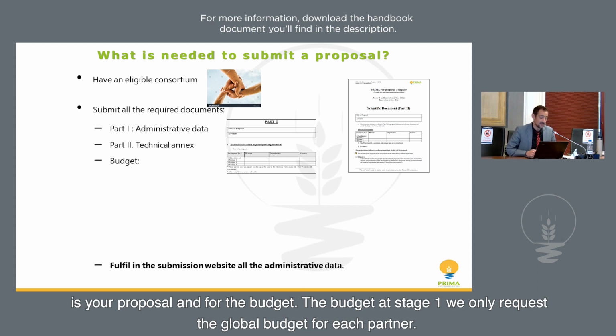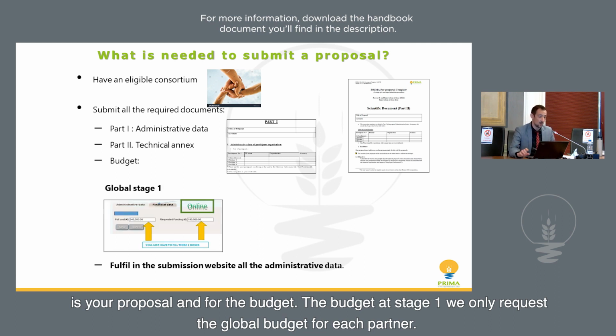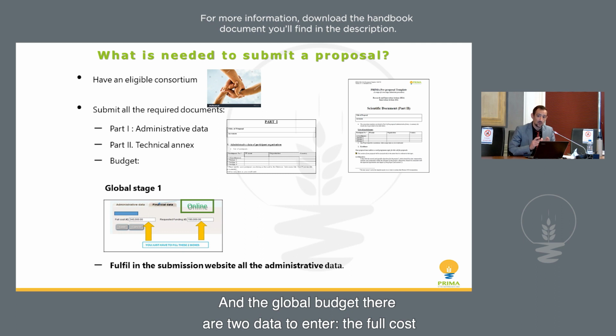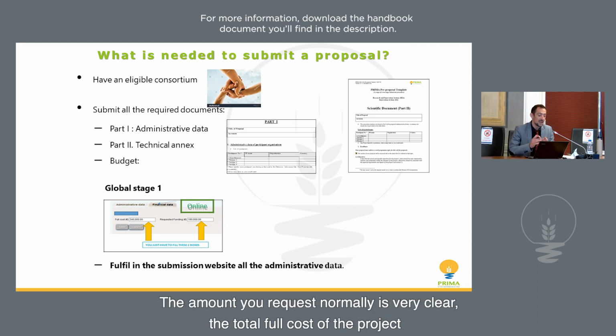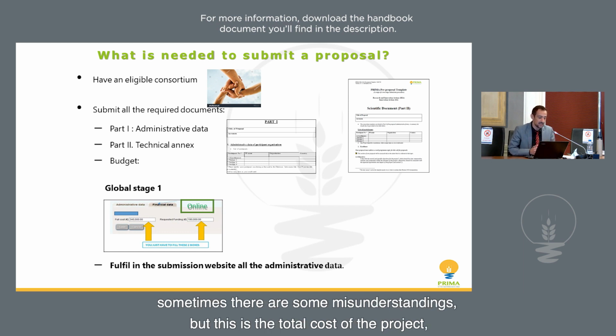And for the budget, at stage 1 we only request the global budget for each partner. In the global budget, there are two data to enter: the full cost of the project and the amount requested from PRIMA or the funding agency. It depends. The amount you request is normally very clear. For the full cost of the project, sometimes there is some misunderstanding, but this is the total cost of the project.